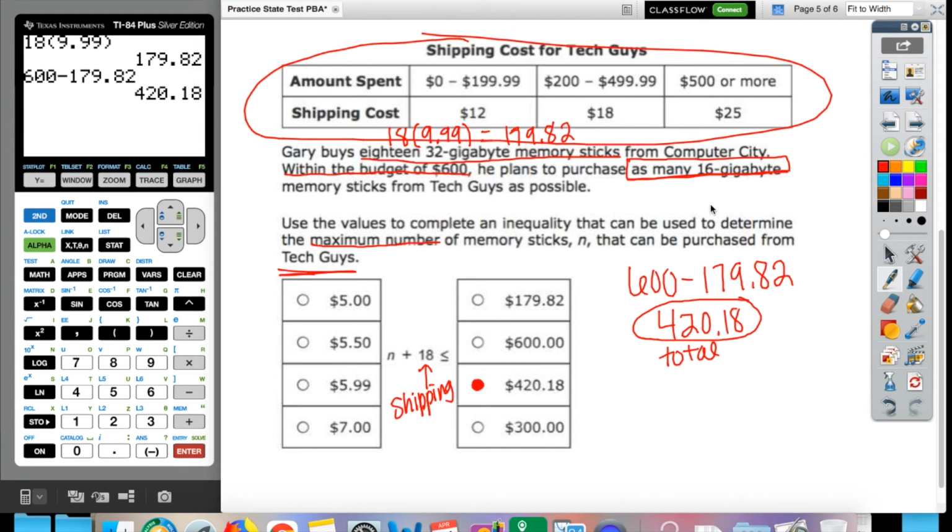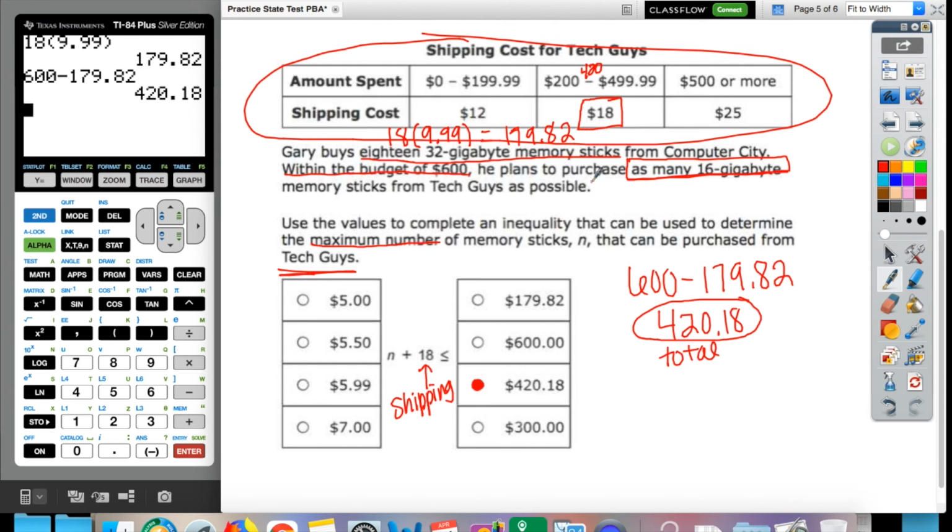So if I'm looking at that table, we know the shipping cost is $18, but why? It's because the amount we're going to spend at Tech Guys is $420. That $420 is going to fall right here between $200 and $499. That's why they're getting charged $18.